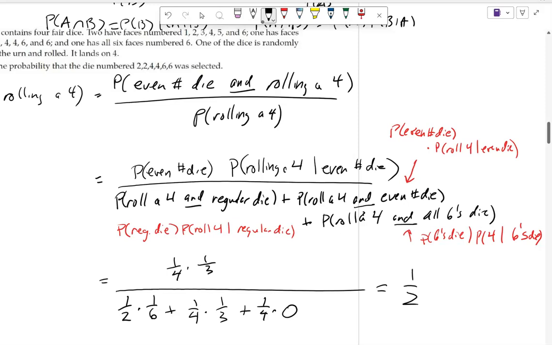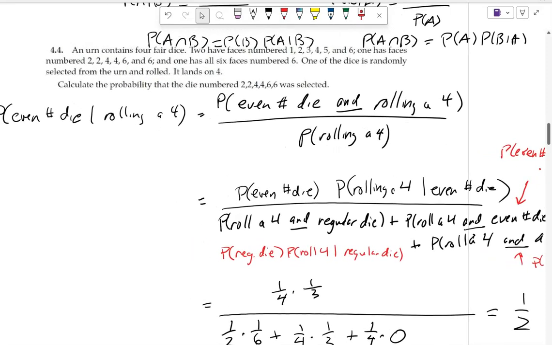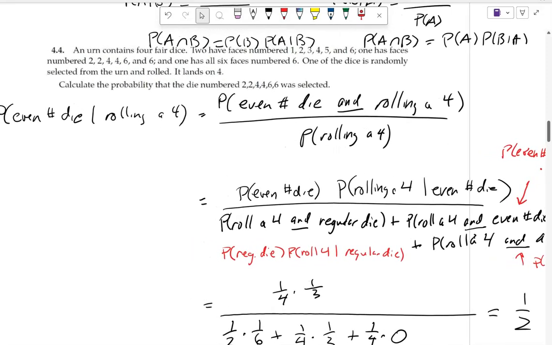Yeah, Trace. Why can't you just put 4 over 24 for rolling a 4? Well, why would you get 4 over 24? Because there's 24 things you could get, and 4 of them are 4s. I see what you're saying. In this case, yes, I think you probably could do it that way because you're just picking the one die. I wouldn't say you could do that generally, because things get a little bit more complicated.